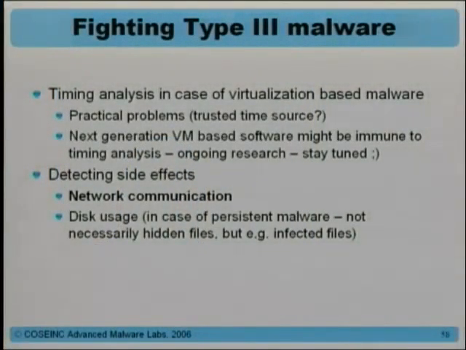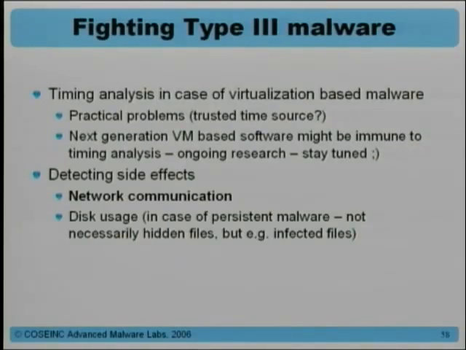Detecting side effects. We could look at network communication. Again, this could be very challenging if this type 3 malware uses some kind of advanced covert channel, like Nushu, for example.